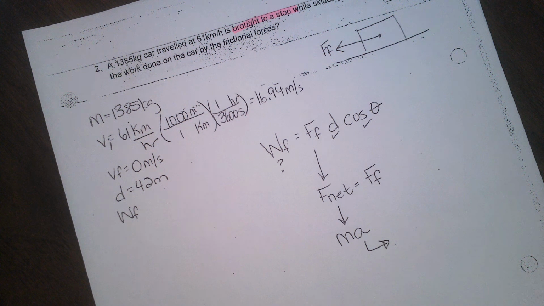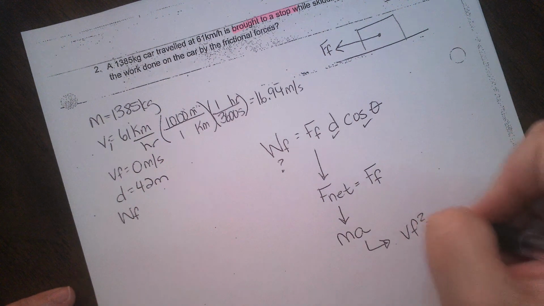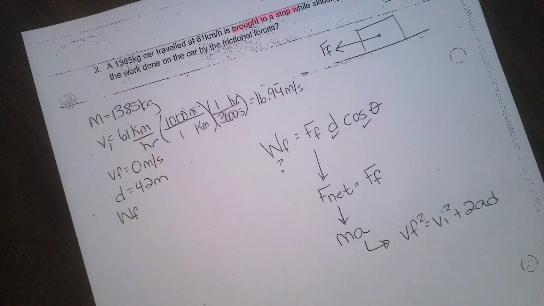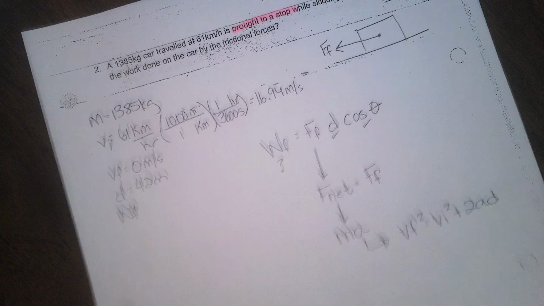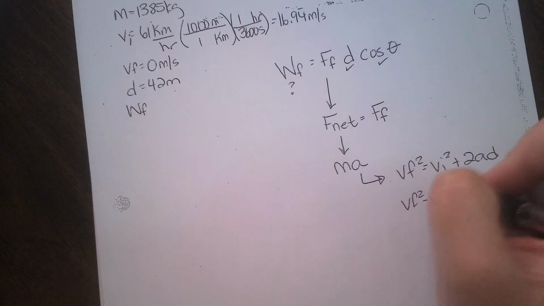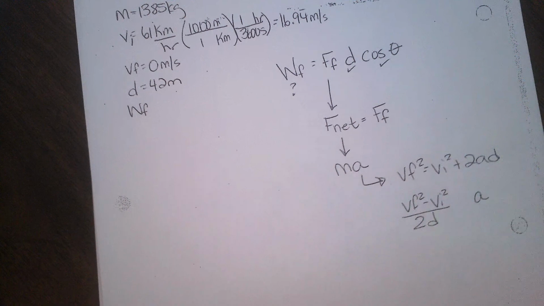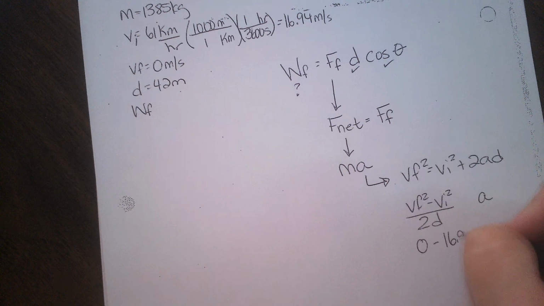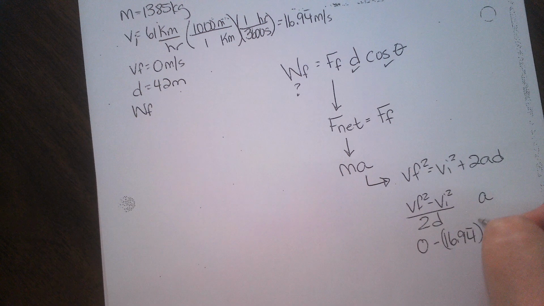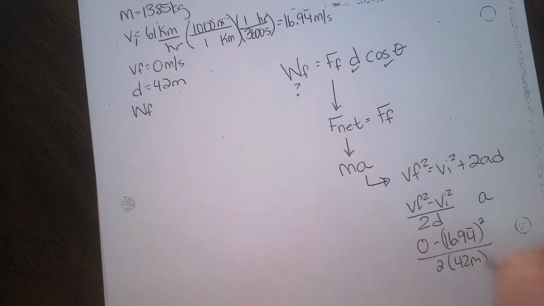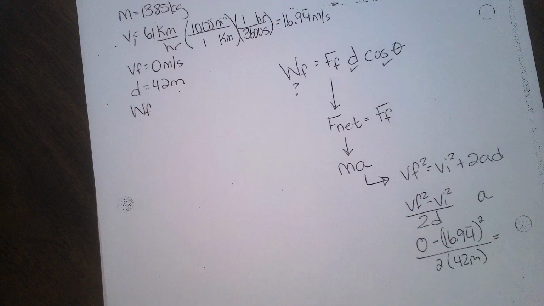Can we help Cedric and Kyle out? Is that what you were saying, Kyle? Close. Okay, if I want to solve for A, I'm going to have VF squared minus VI squared all divided by 2D. So 0 minus 16.94, keep all your digits, and you're going to square it, over 2 multiplied by 42 meters. And I get what for acceleration?